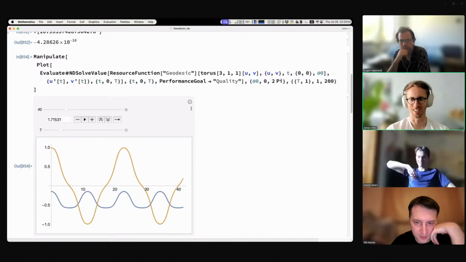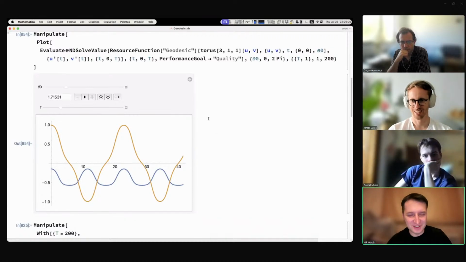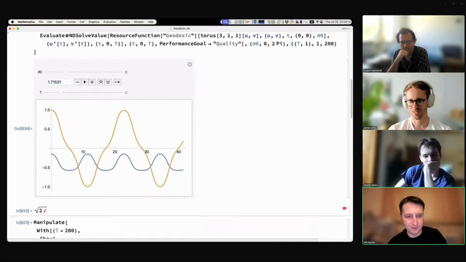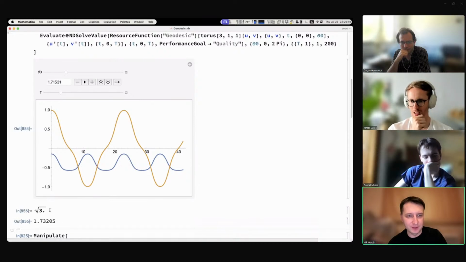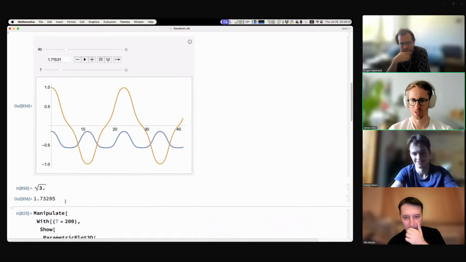Okay, let's visualize that on the torus. Yeah, the derivative goes crazy at some point. How do you define it? It's some kind of square root of 2, I don't know. Maybe. Scroll down, put it on the curve on the torus.